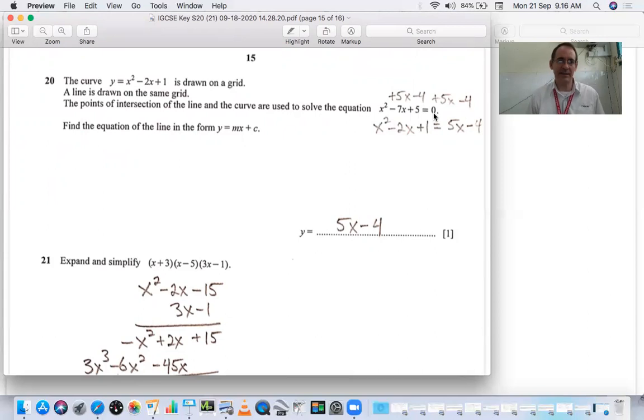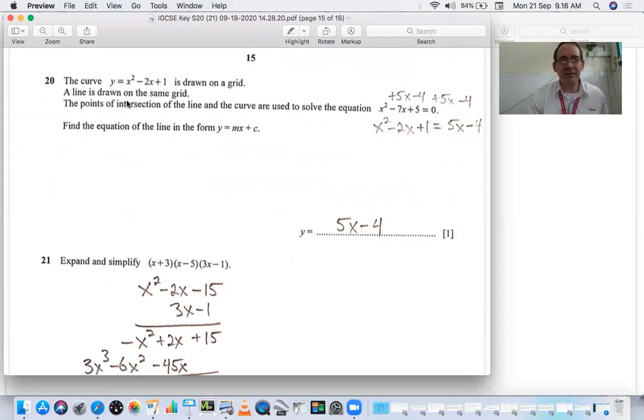What does that mean? If you have 2 separate graphs that intersect and they're being used to solve for this other equation, then that means these 2 graphs are components of this equation here.